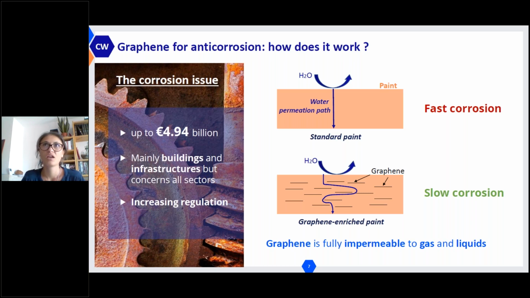And if you succeed to get your graphene well dispersed in the coating, you will increase the pathway of the permeation path of the oxidative agent through the coating, and the corrosion will occur later. And this is possible thanks to the graphene barrier properties.